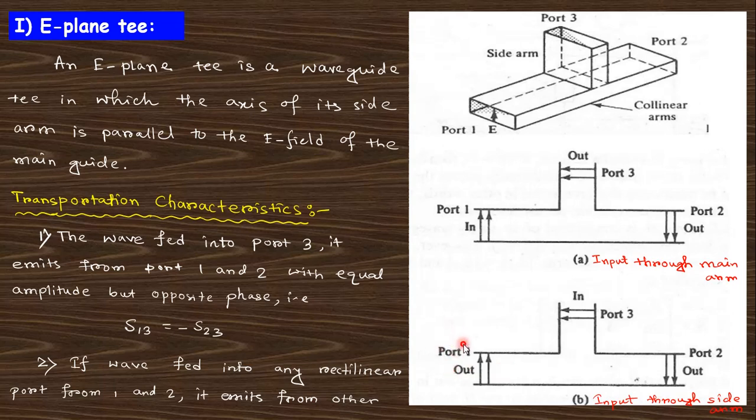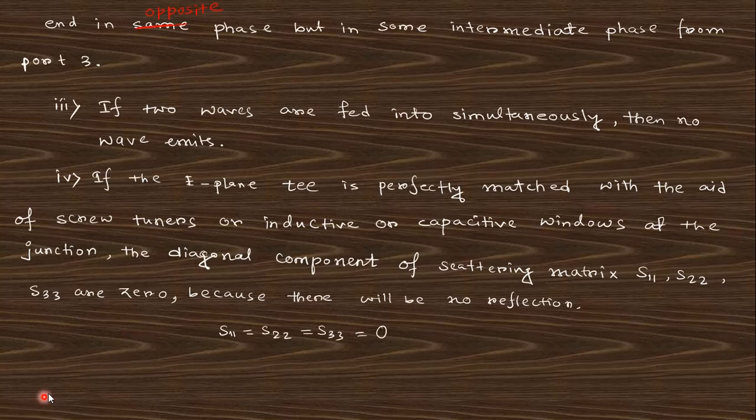That's why S11 is 0. Similar case for port 2. When this is perfectly matched, using a tuner or inductive or capacitively coupled matching box, the reflection, that means 1 to 1, will be 0.